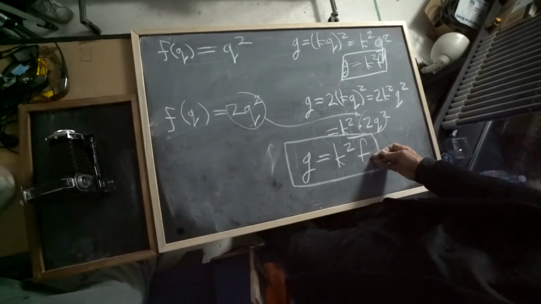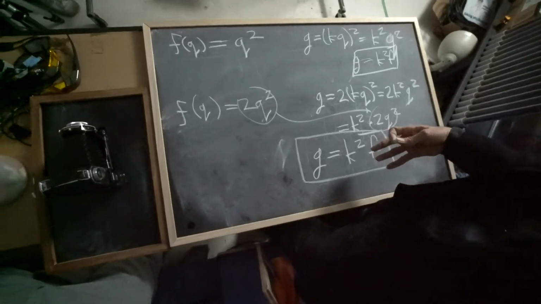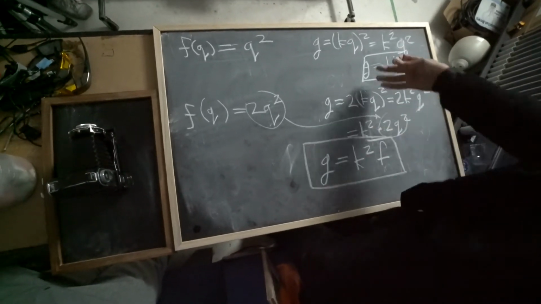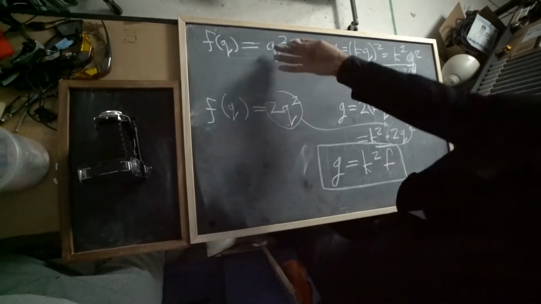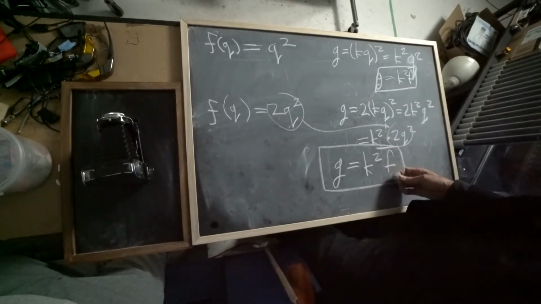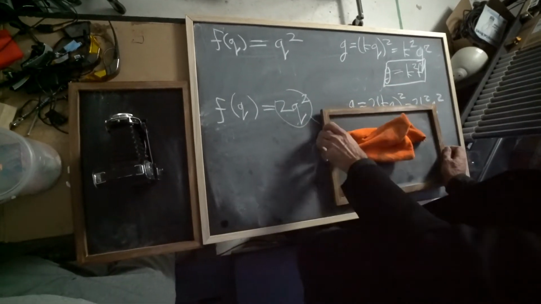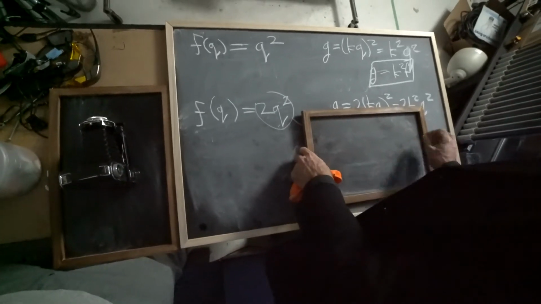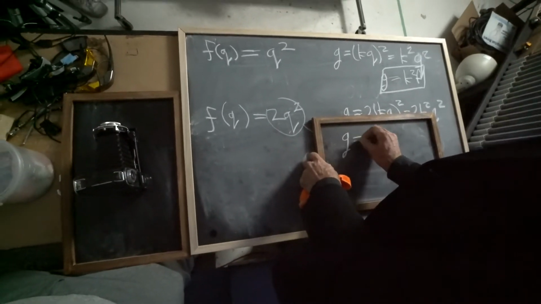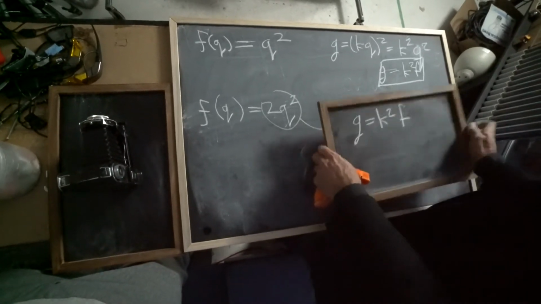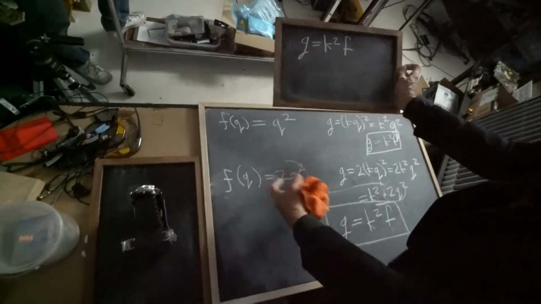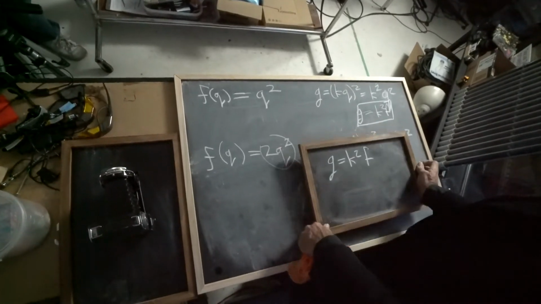So you see we've got two identical comparametric equations that came from different things. So that tells us that these are both solutions to this comparametric equation. So if I gave you a comparametric equation and I said g equals k squared f, where k is some constant, then you've got multiple possible solutions.